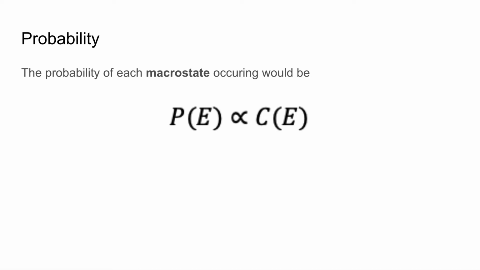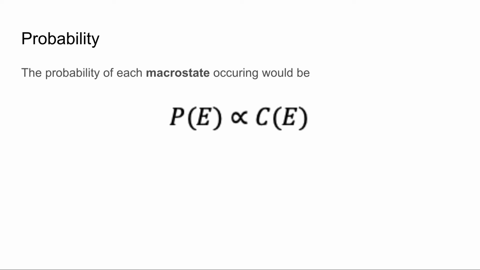Instead of counting each individual microstate and tracking the evolution, we said that on average, the probability of each macrostate happening corresponds to the number of microstates there are. So just imagine that every single possible state of each individual particle is equally probable.